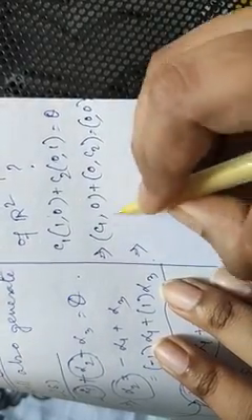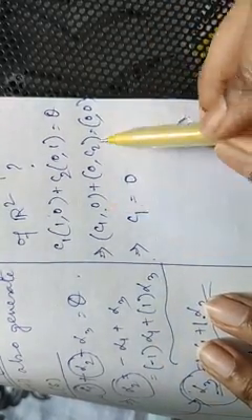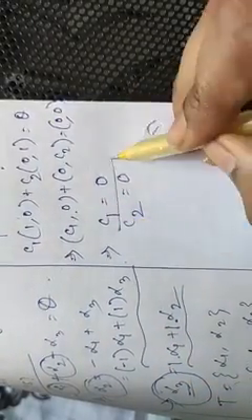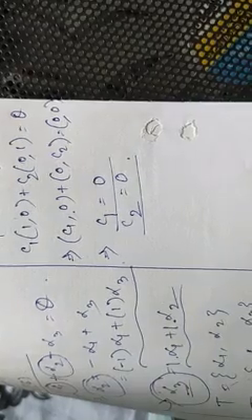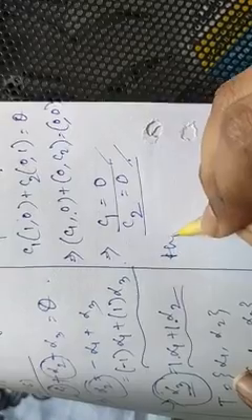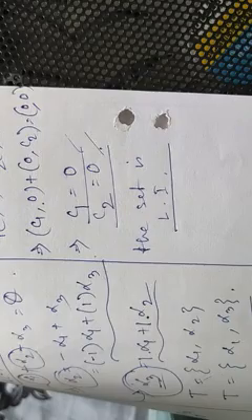So from there we can write C1 plus 0 equals 0 and 0 plus C2 equals 0. So the result comes C1 equals 0, C2 equals 0. Nothing to solve here. That means the set is linearly independent, right? So the first condition for being a basis is complete.